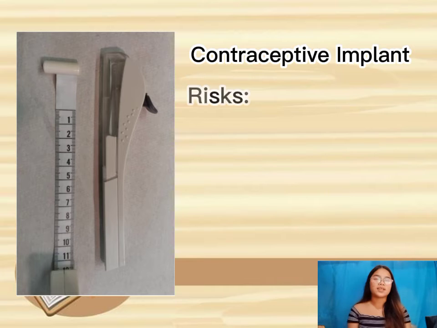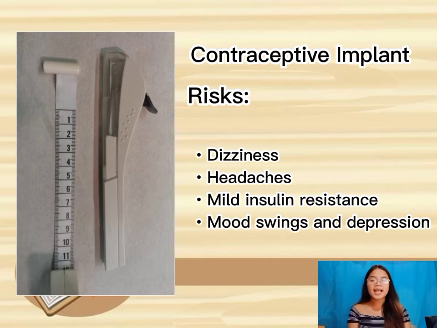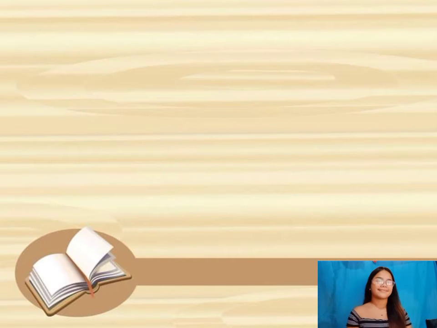And here are the risks of it. First, abdominal or back pain, an increased risk of non-cancerous ovarian cysts, changes in vaginal bleeding patterns including absence of menstruation or amenorrhea, decreased sex drive, dizziness, headaches, mild insulin resistance, or mood swings and depression.